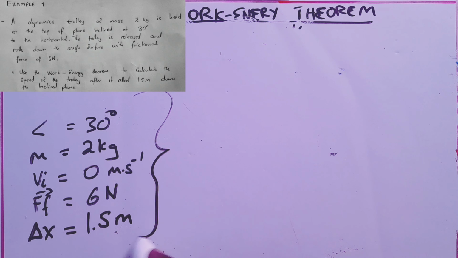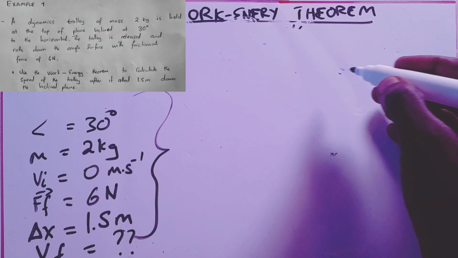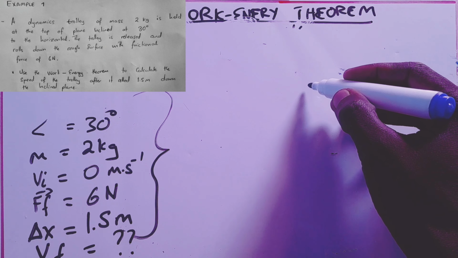Write your information down so that you can see what you have and what you don't have. The question was to use the work energy theorem to find the speed, so we're trying to calculate the final velocity when this has moved 1.5 meters down the inclined plane. Just like always, I advise you to start by drawing a rough free body diagram so that you can see the situation.